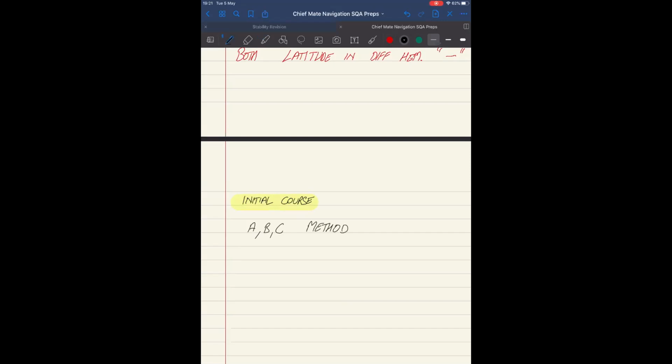This is the same method we use for obtaining the true bearing when we are calculating the compass errors. So A is tan of lat A over tan of D long.